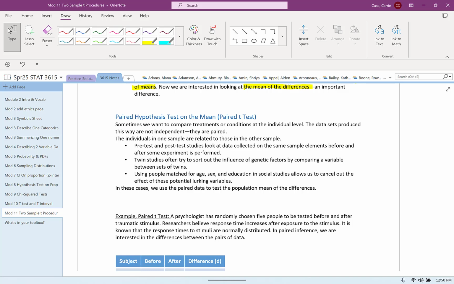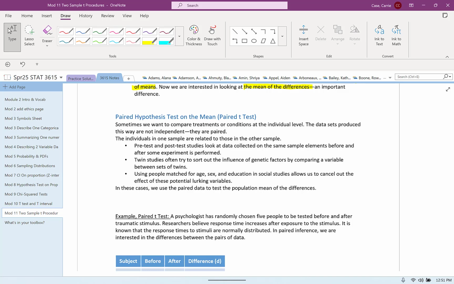Sometimes we want to compare treatments or conditions at the individual level. The data sets produced this way are not independent, they're paired. And so when that happens, the individuals in one sample are related to those in the other sample. An example might be pre-test and post-test studies that look at data collected on the same sample elements before and after some experiment is performed.